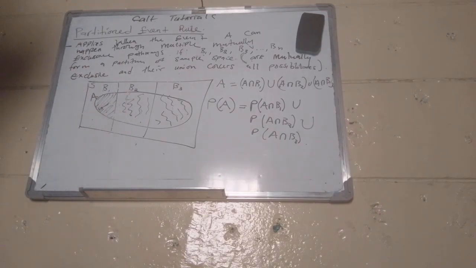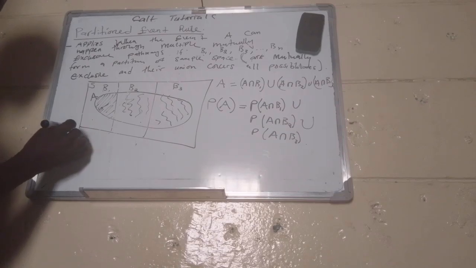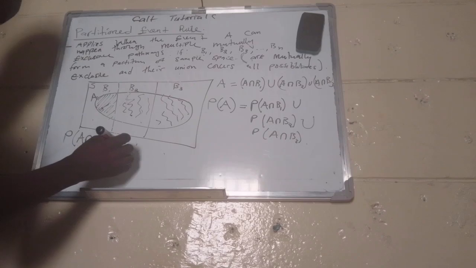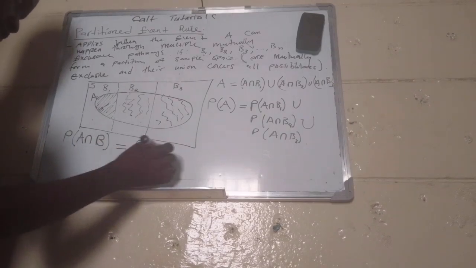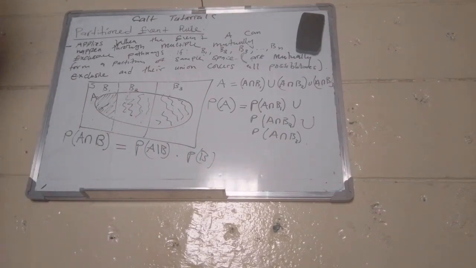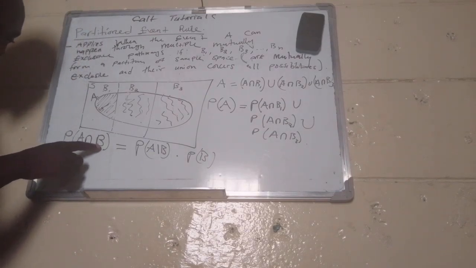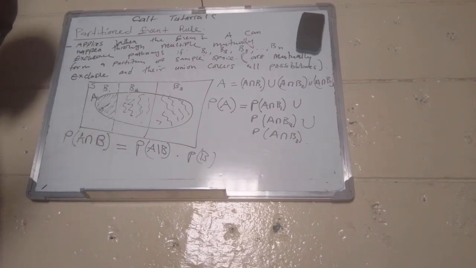This means the probability of A intersecting with B should be equal to probability of A given B multiplied by probability of B. We are okay? So the probability of A intersection B is the multiplication principle.